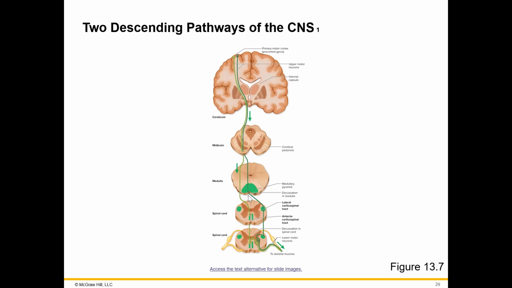The lateral corticospinal tract. It's telling you here, decussation in the medulla, especially at the pyramid. The pyramid is the site where we have the decussation. So who's passing and decussating through the pyramid? That is your lateral corticospinal tract. Then when you go down, you're not decussating, you're going ipsilaterally, that is your anterior corticospinal tract.